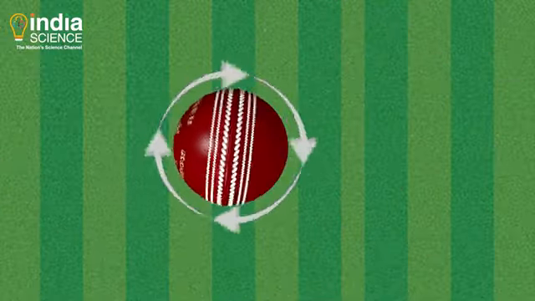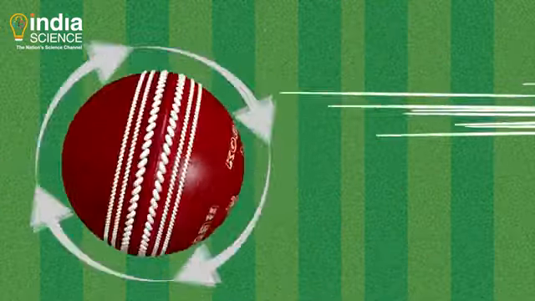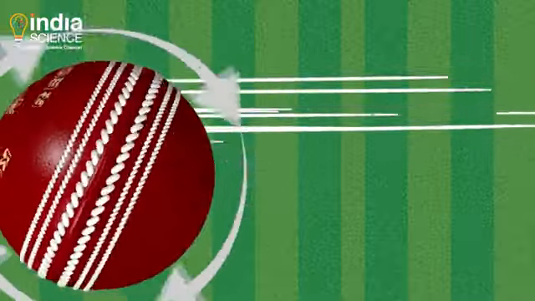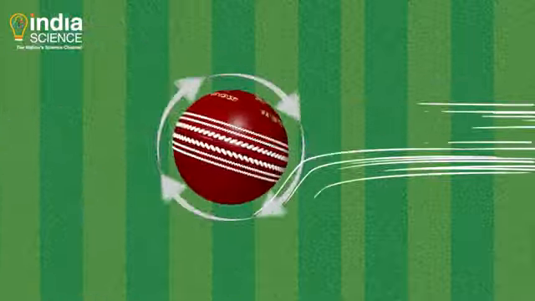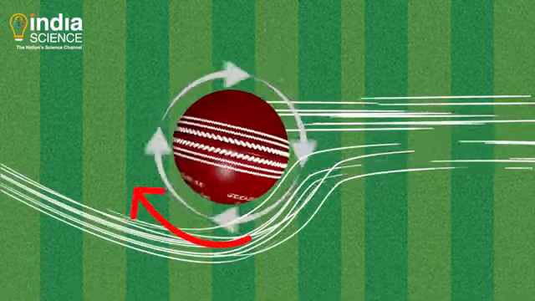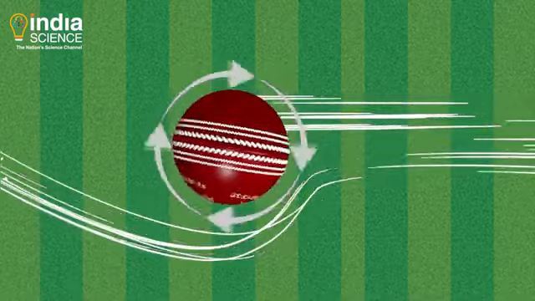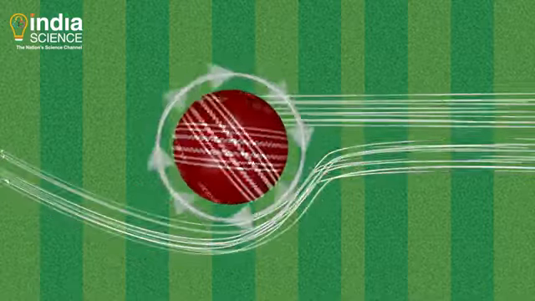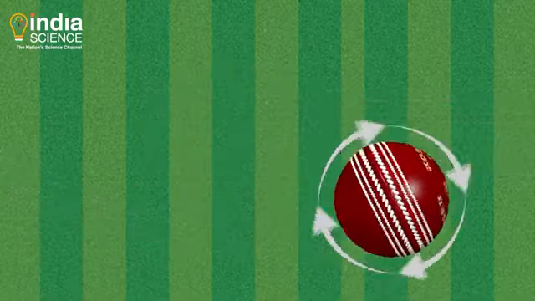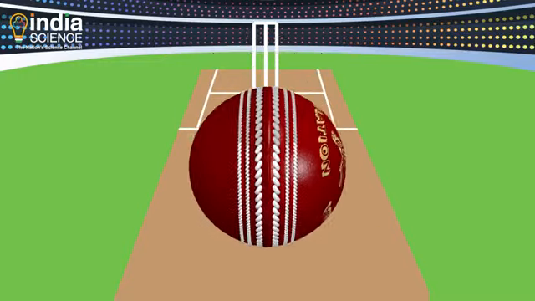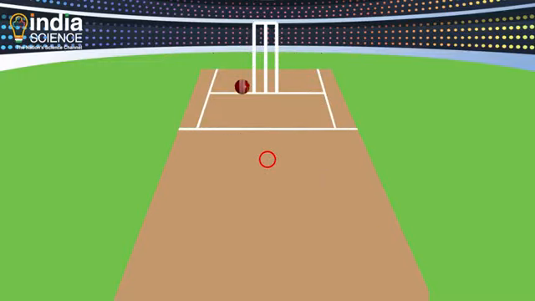But at the top of the ball, the air and ball are traveling in the opposite direction, and this doesn't let the air cross the ball smoothly. The net result is air is deflected upwards, and due to Newton's third law, the air exerts an equal and opposite force on the ball, which is downwards. This causes the ball to pitch earlier, and this kind of bowling is known as topspin.